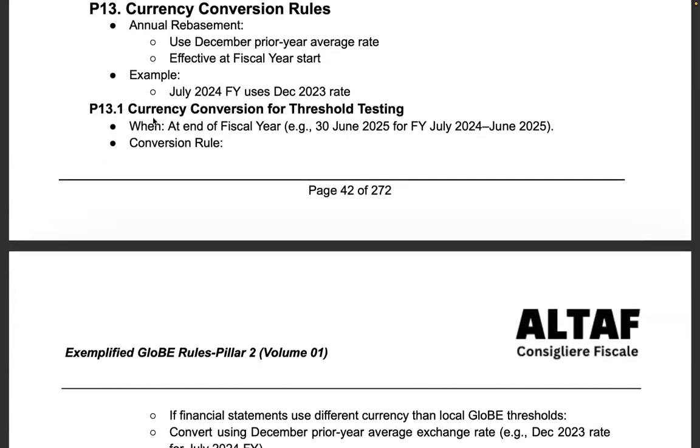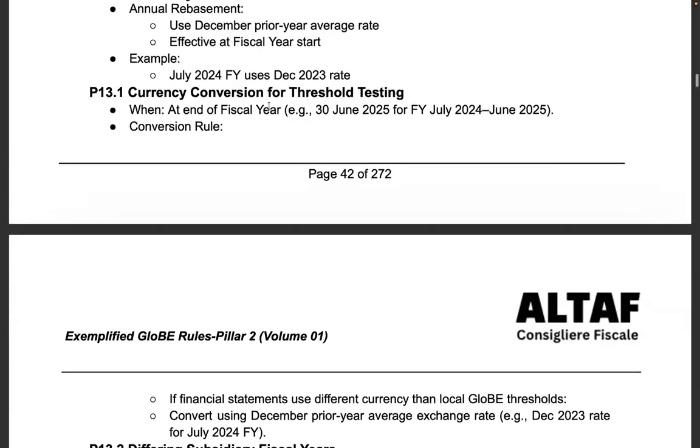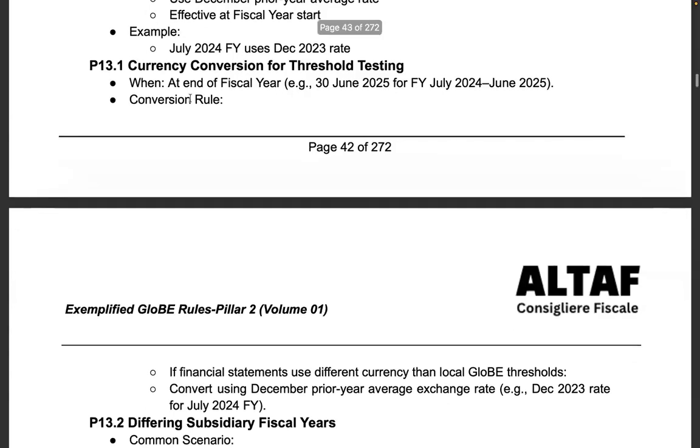Paragraph 13.1 talks about currency conversion for threshold testing. When are we going to consider currency conversion? At the end of the fiscal year. For example, 30th June 2025 for financial year 2024 to June 2025.